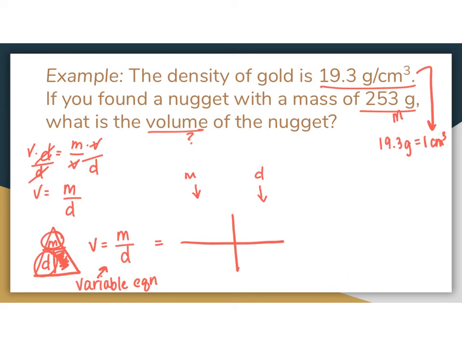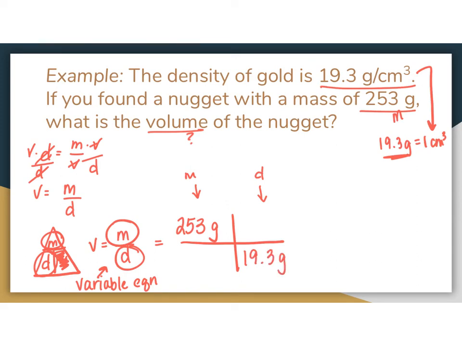Mass is in the numerator here, so I'm going to put my given mass in the numerator. And then the main part of the density, the 19.3 grams, is going to be in the denominator as we see here. So in this second column, I'm going to put that part in the denominator.